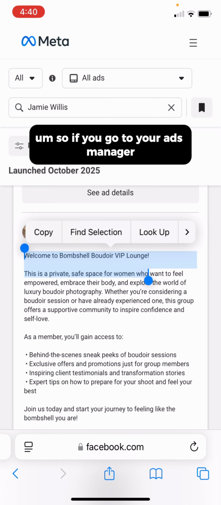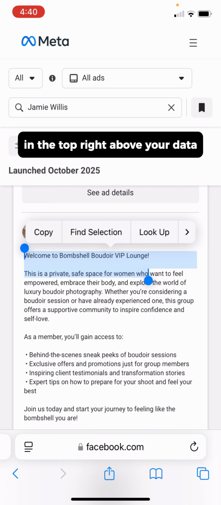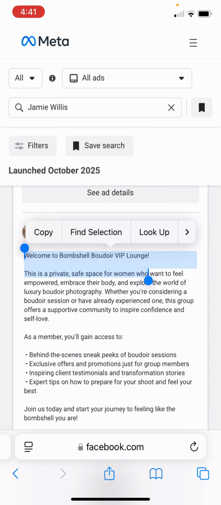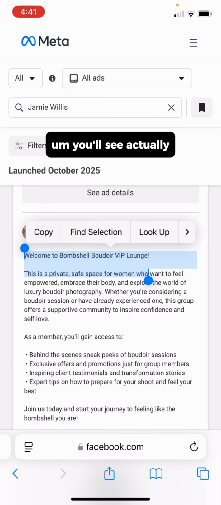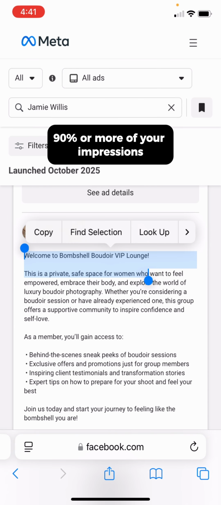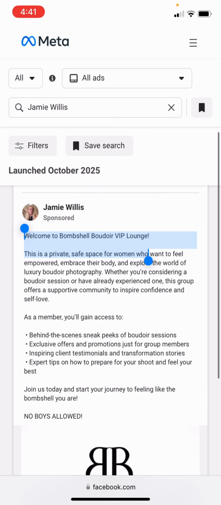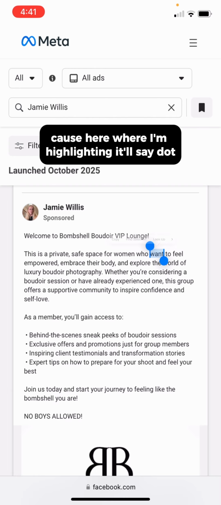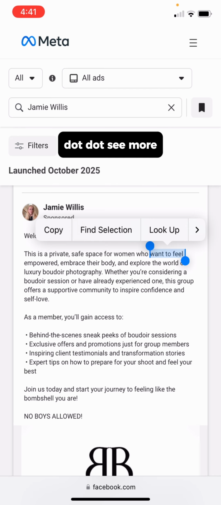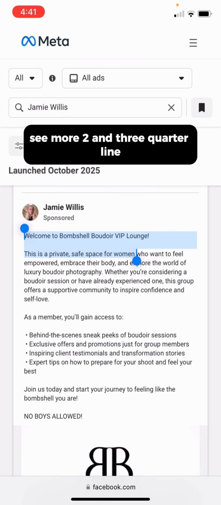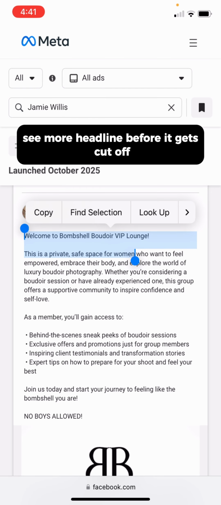If you go to your ads manager, in the top right above your data, click on breakdown, click on placements, you'll see Facebook mobile newsfeed will be like 90% or more of your impressions. So we have 2 3/4 lines to work with, because where I'm highlighting, it'll say see more. So this is basically our headline, before it gets cut off.